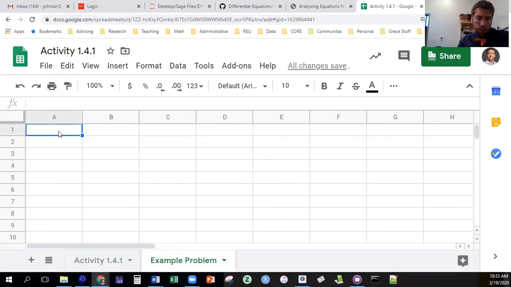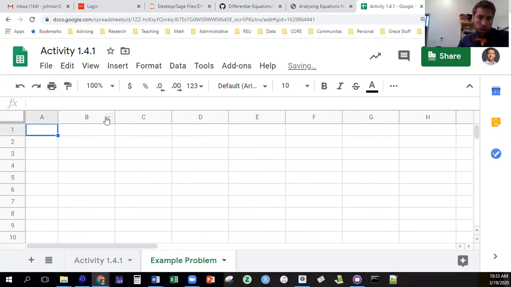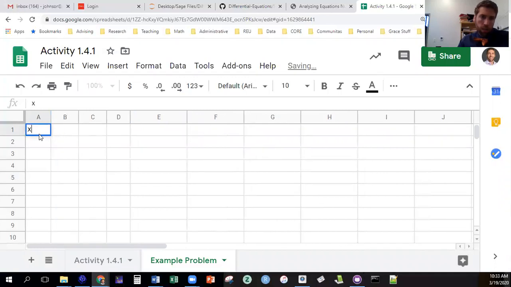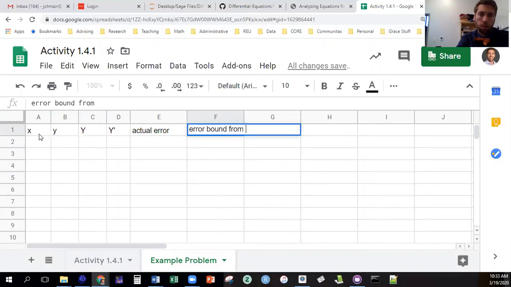And then here we'll have t and little y and big Y and y prime and actual error and error bound, from the theorem, not from them.